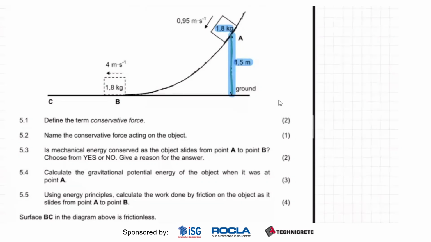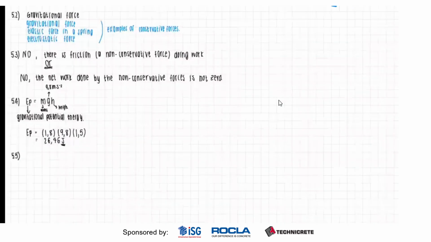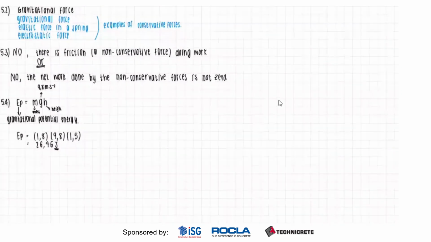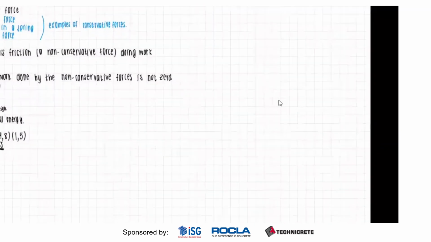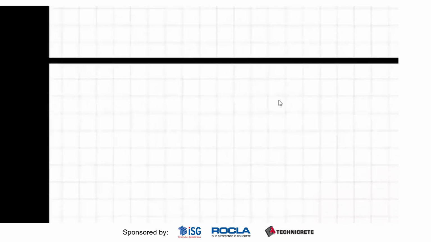Using energy principles, calculate the work done by friction on the object as it slides from point A to point B. Okay, now the energy principle that I am going to use for this question is the work energy theorem. Let me write this down.